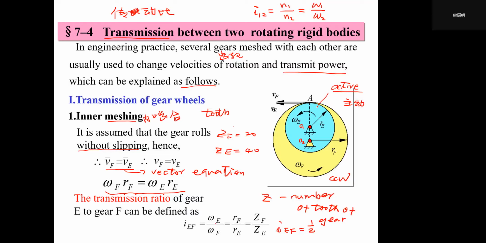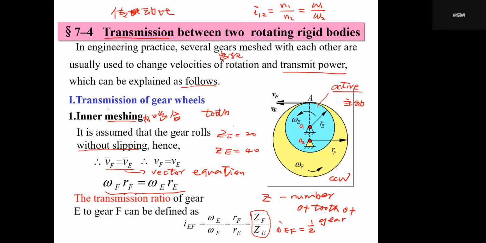Then because 2 times omega E will equal omega F, right? So it just tells us the ratio between these two gears will always be constant, because the number of teeth of each gear is a fixed number.